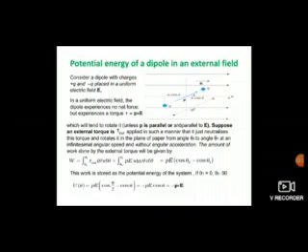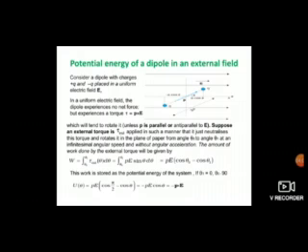This work is stored as potential energy of the system. Here, if theta 1 is taken as 0 angle and theta naught is taken as 90 degrees, then the potential energy of the system is PE (cos 90 minus cos 0), that is minus PE cos 0, or we can take it as minus PE.